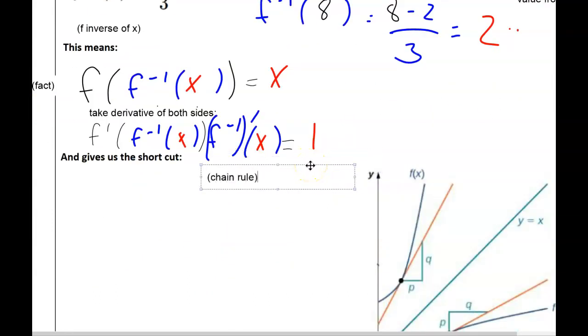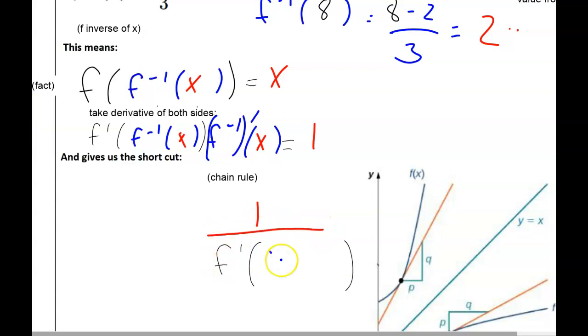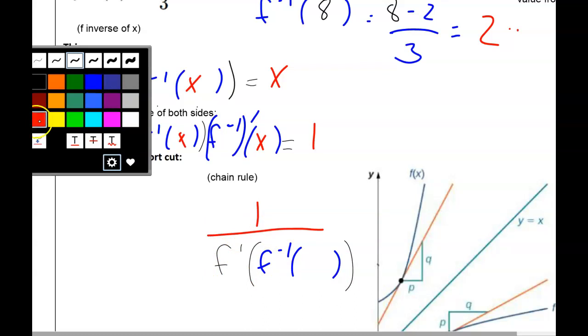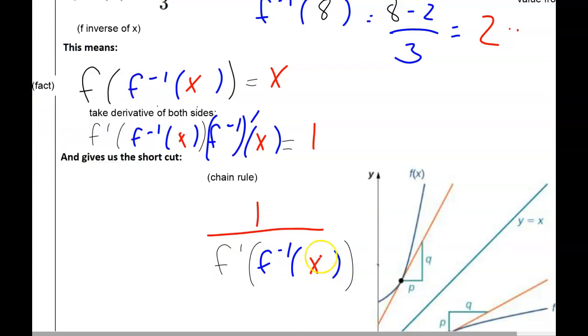So there's a reason we're studying this right after we did chain rule. And then say I want to know what this f inverse prime is. So I want this shortcut for the derivative of an inverse. Well, I can just divide both sides by everything else, right? So I'm going to get 1 over f prime of f inverse of x on the right.